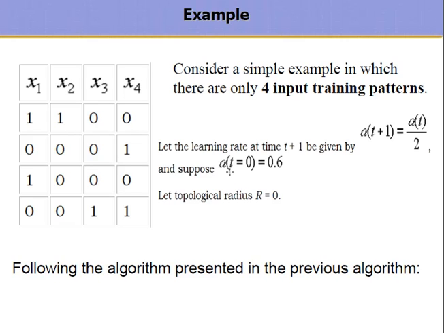And for the next time step, at t plus 1, we are reducing it by 50% in this example. We can also consider that for this specific example, our topological radius, represented with r here, is equal to 0.